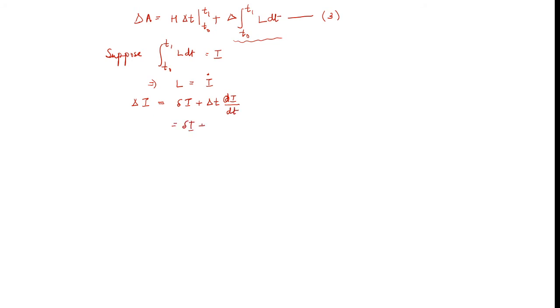Delta I plus delta T, and this dI/dt is L, or you can say this is I dot, which is delta I plus delta T times I dot, which is L.